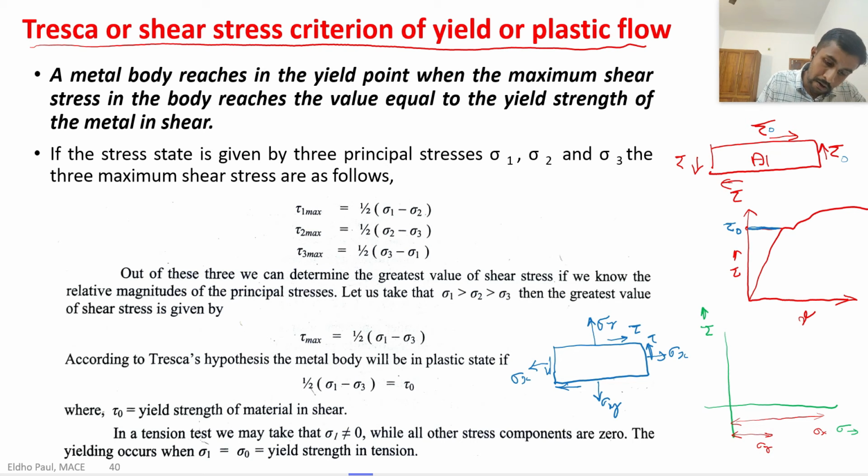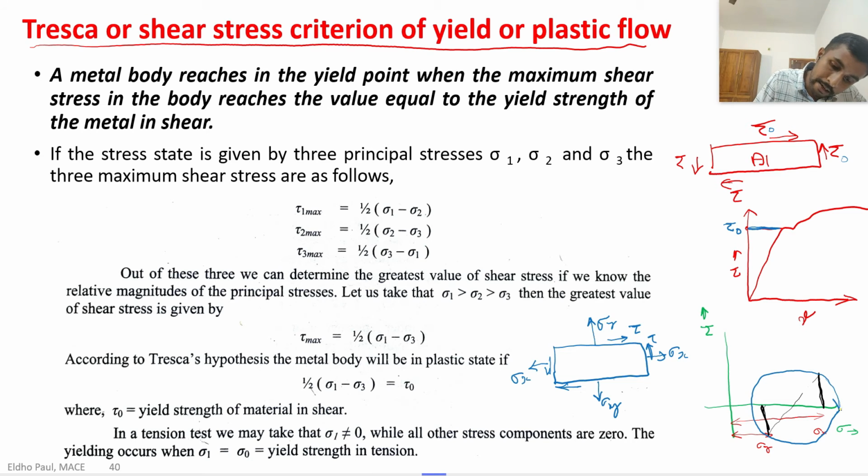Tau is also acting, so this much is tau. We draw a line like this, then we draw a circle passing through these points.